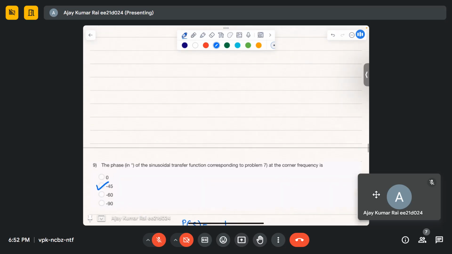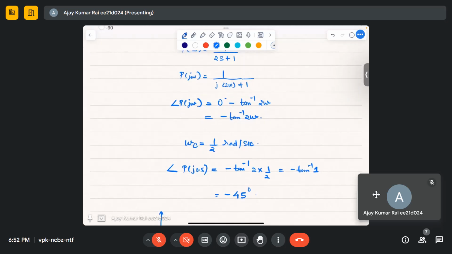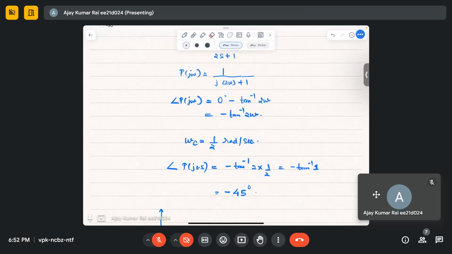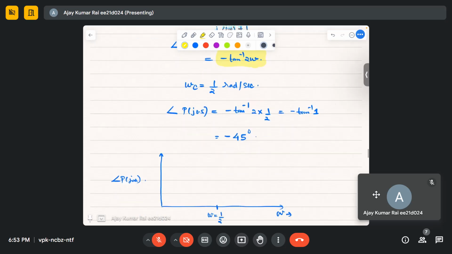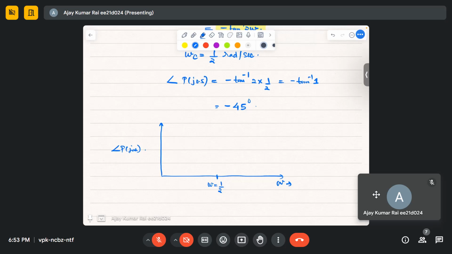If you try to find the phase at different frequencies, at lower frequencies, at omega closer to 0, the phase is equal to 0 degrees, and we have found that at the corner frequency it is equal to minus 45.